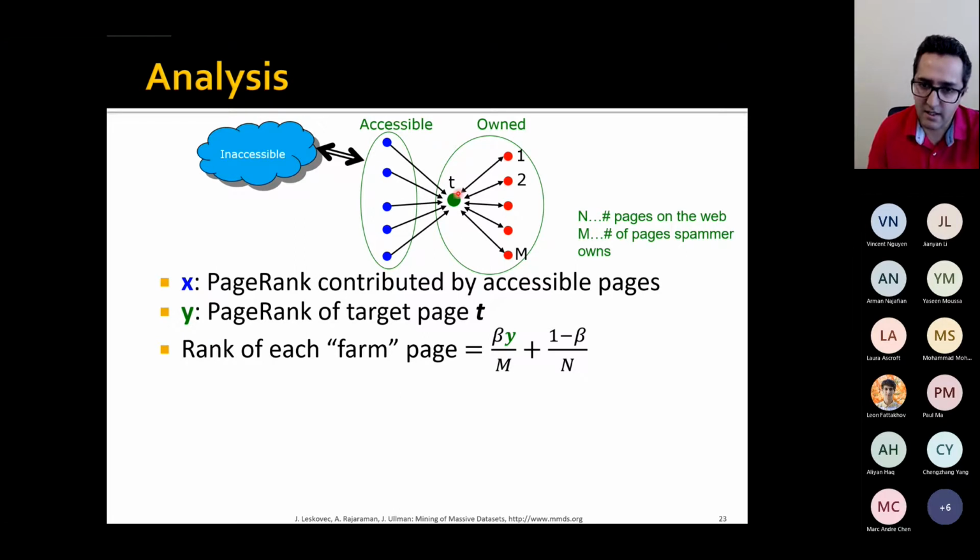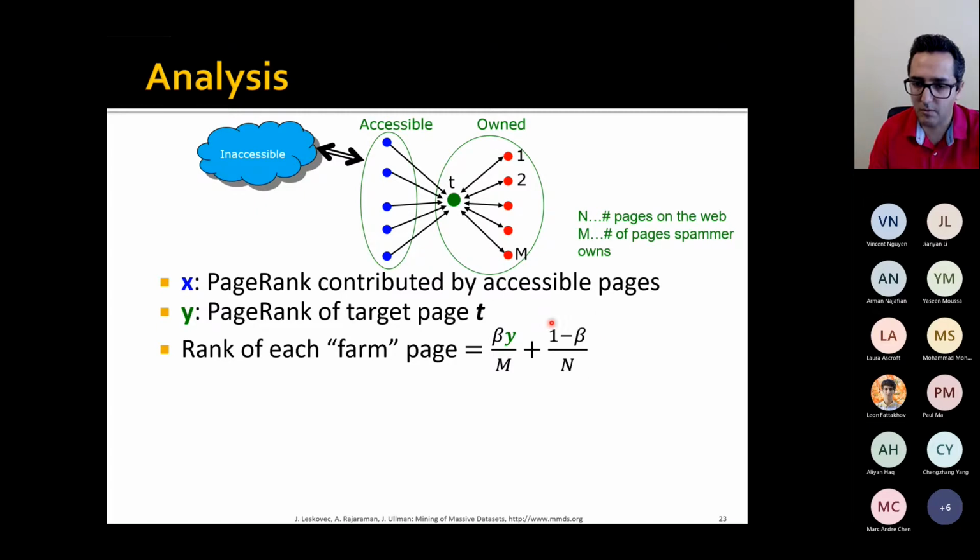They have only one in-link from T, agree? So their score will be Y, which is the score of this page, divided by M, because T has M outgoing links. So each of them will get 1 over M of that score. You know about this already, PageRank. So we also multiply that by beta, which is the jump factor, plus all the score it gets from the parachute, from somewhere, like from a page here, we may do a random jump to these nodes.